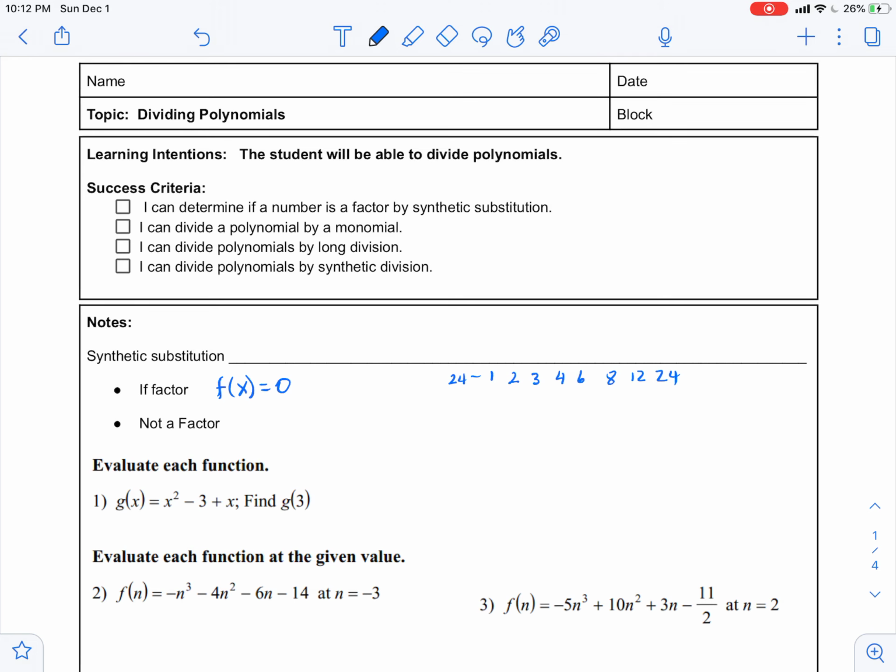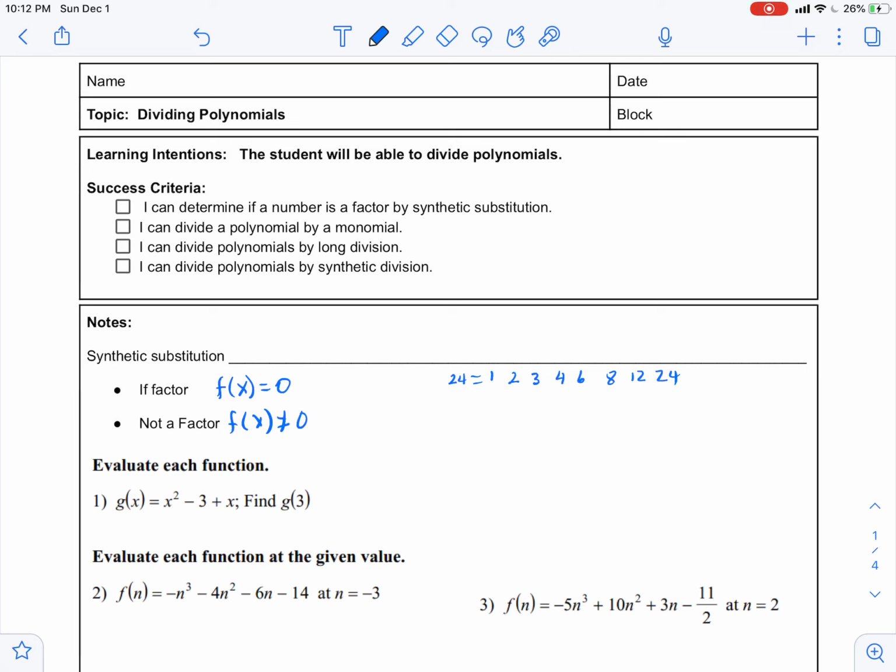Those are numbers that we can multiply, and they will go into 24. So if you are doing synthetic substitution and you get 0 as an answer, then that means it will divide into your polynomial. If f of x is not 0, then that means it's not a factor. It's pretty easy. But what it does give you, and we'll talk more about this later on, is a point on your graph. That's kind of your x and y point.